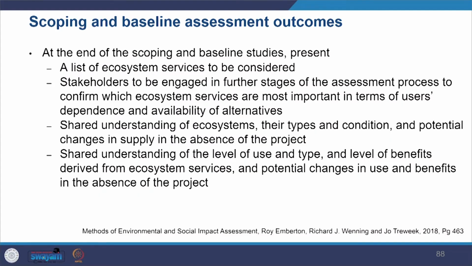So, you will provide a list and the stakeholders to be engaged in further stages of the assessment process, like who will be engaged, including results of any explicit prioritization. So, you might decide which groups have to be prioritized to confirm which ecosystem services are most important in terms of users, dependence and availability of alternatives. So, there you might have prioritized groups here.